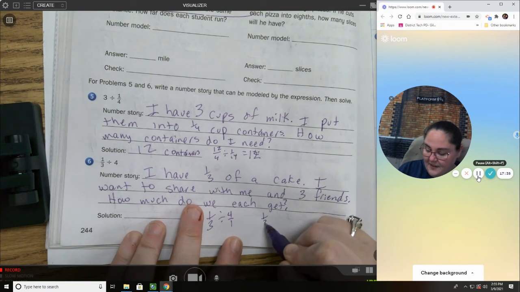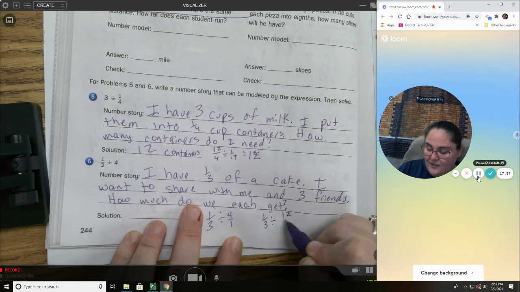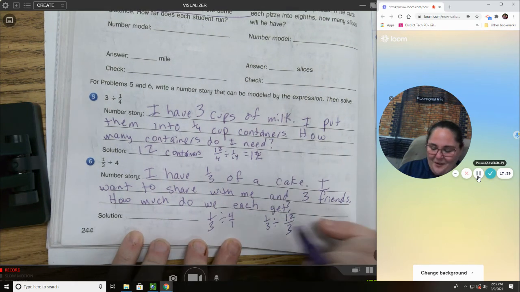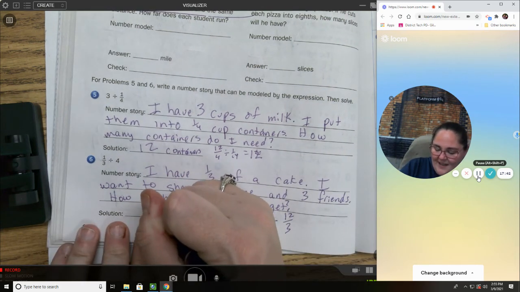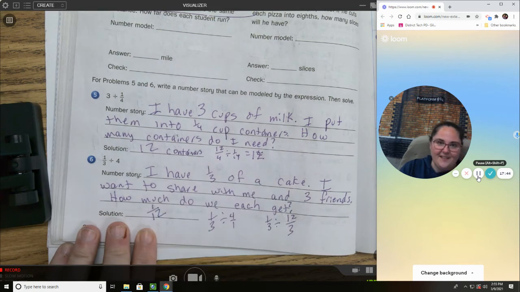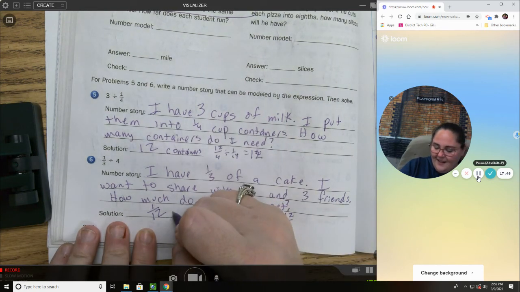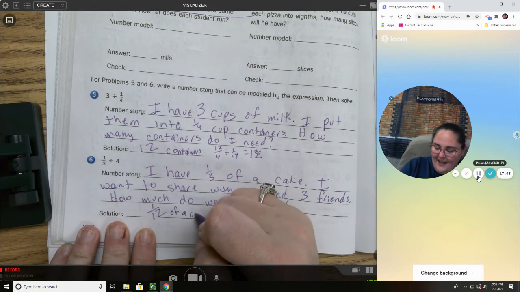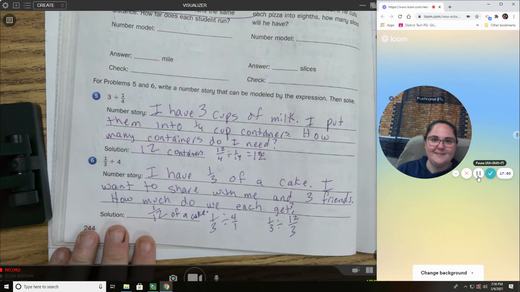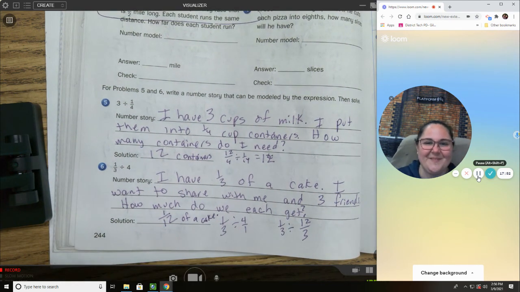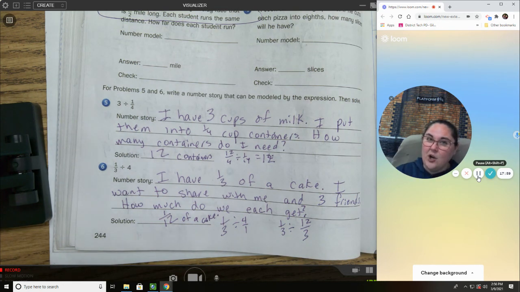So 1/3 divided by 12/3. 1/3 divided by 12/3 is 1/12. 1/12 of a cake. Done. That's your answer. Using common denominators can be a little tricky if you get caught up in it, but it also can make it very easy to do these problems.